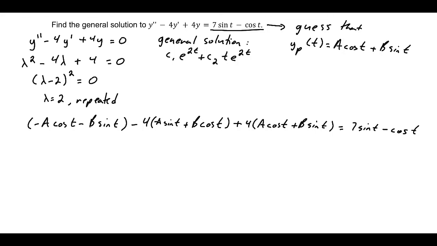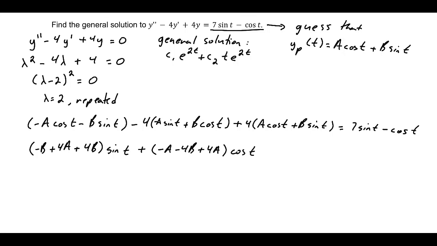So if we combine these together, this is going to be equal to (negative b plus 4a plus 4b) sine t plus (negative a minus 4b plus 4a) cosine t, and this is equal to 7 sine t minus cosine t. Here's where equating coefficients comes in.